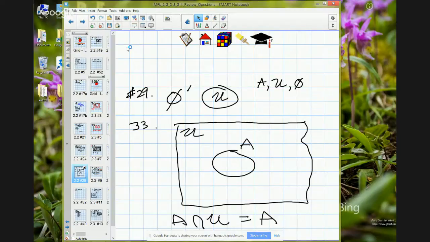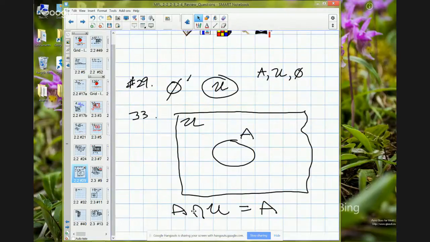So we're supposed to do this problem down here on the bottom. This thing right here, A intersect universal set.